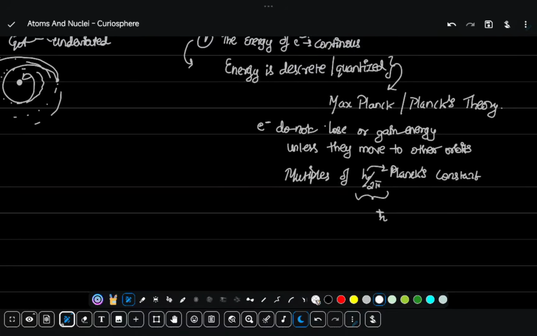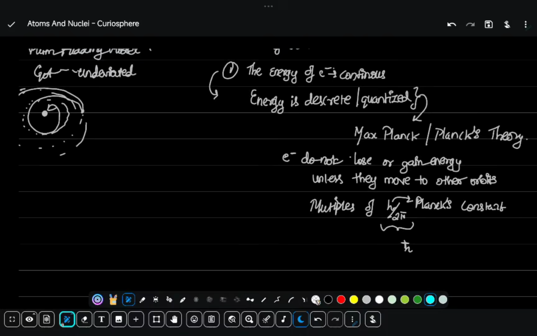Now these are the postulates. Now we go on to the postulates of Bohr's atomic model.